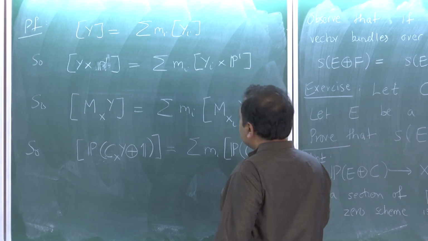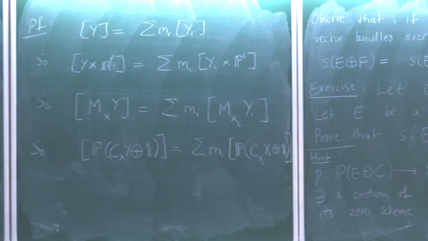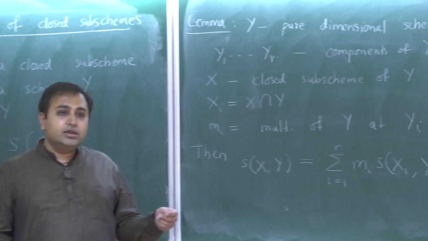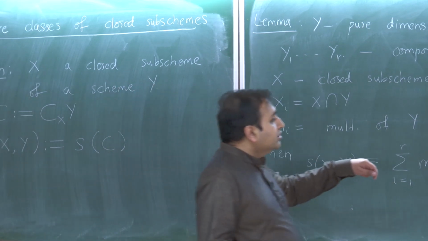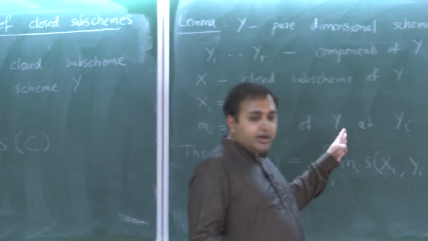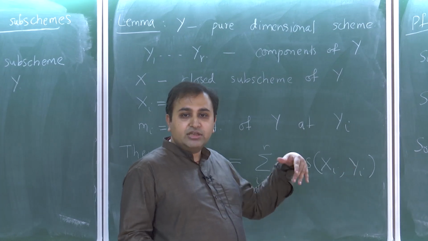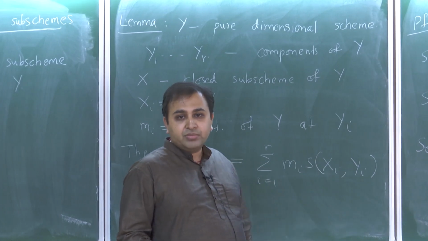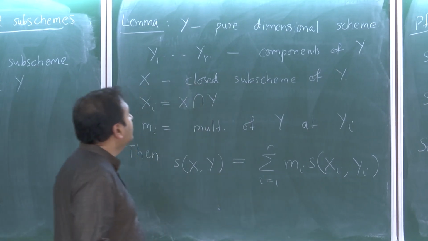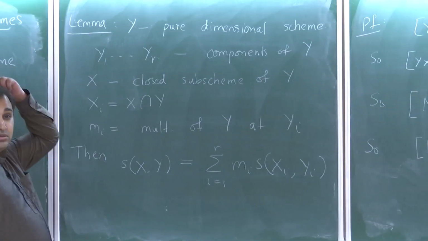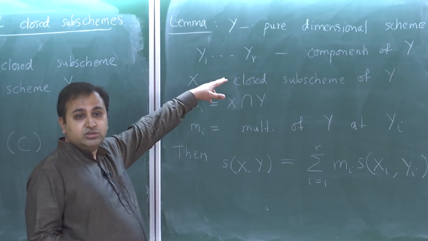So what we are saying is that I have a divisor and I restrict it to various components. Then the components that I get for the divisor have the same multiplicity over those components, right? So this is where the pure dimensional hypothesis is required.